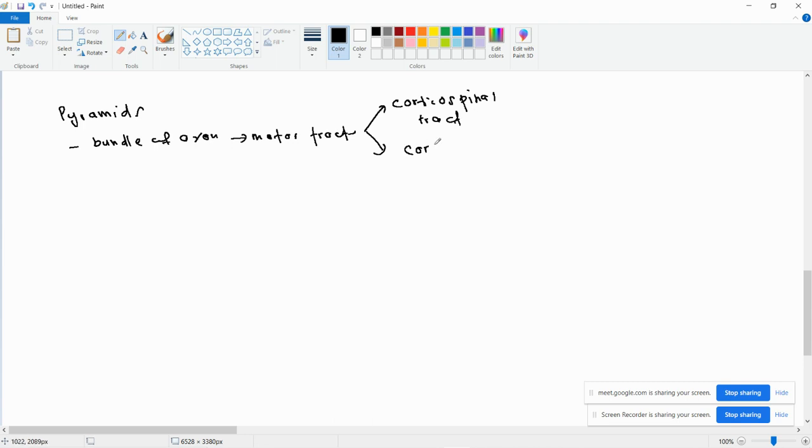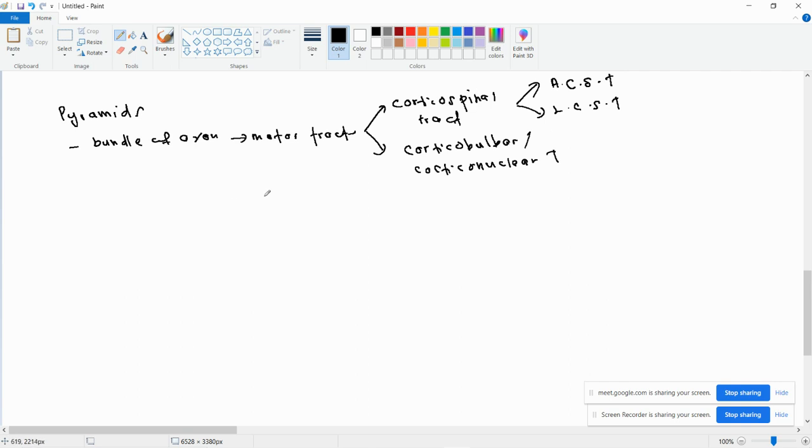And number two, the corticobulbar or corticonuclear tract, yes, I think you know, same thing. This corticospinal tract you can divide into two: one is the anterior corticospinal tract, the other is the lateral corticospinal tract. But by the way, everything is corticospinal tract.